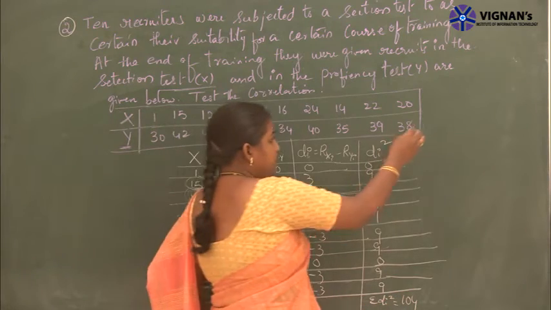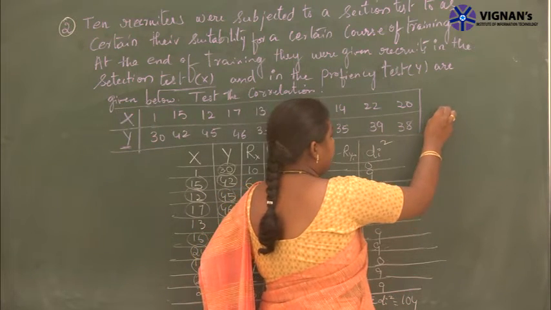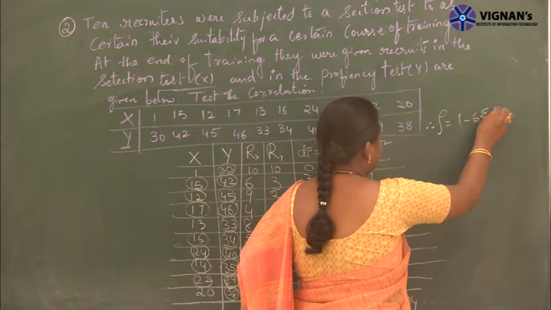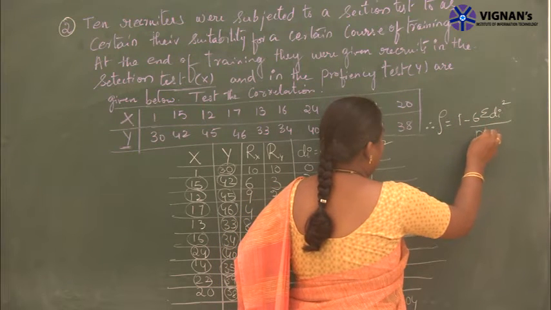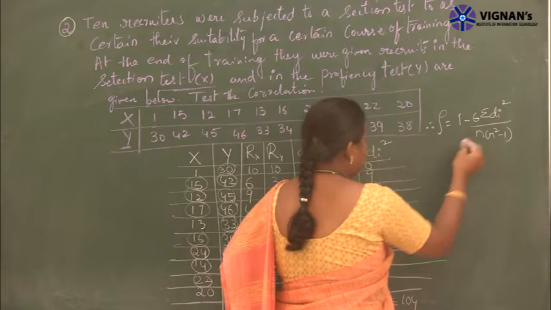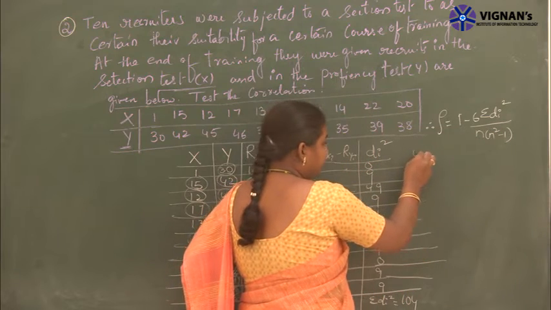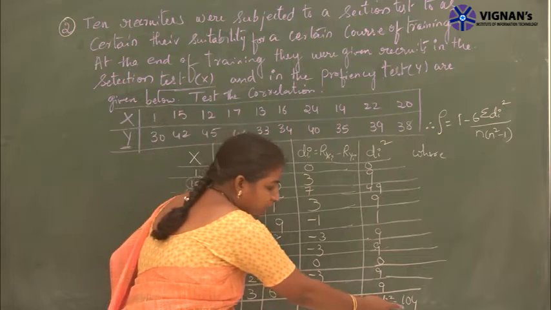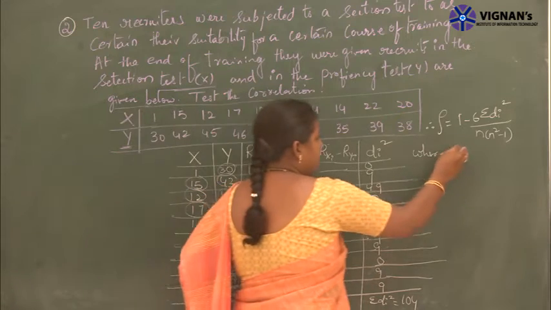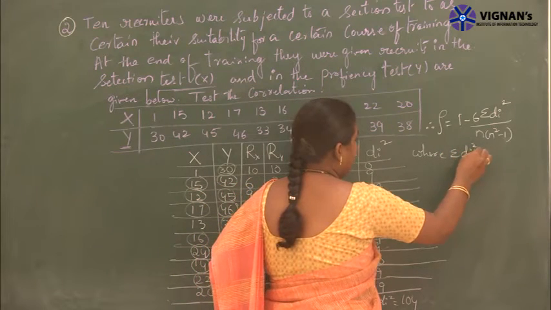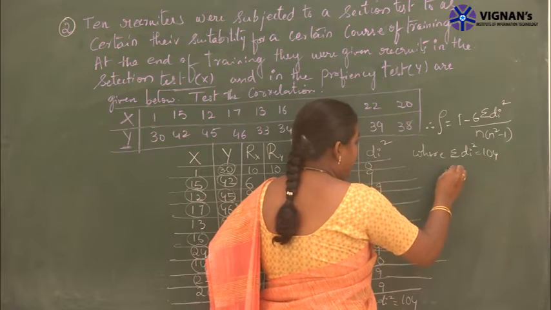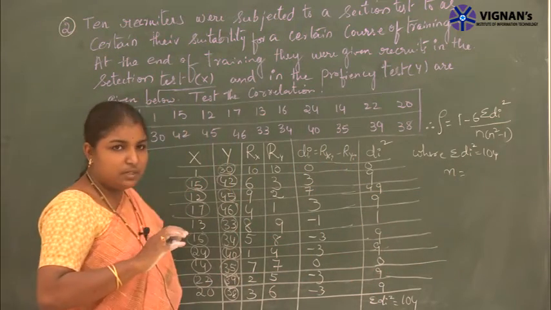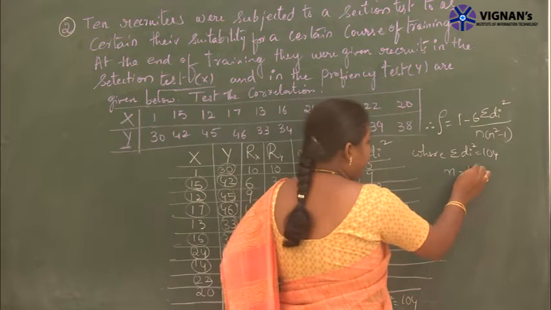We know that the Spearman's rank correlation coefficient is rho equal to 1 minus 6 into summation di square by n into n square minus 1. We already found summation di square equal to 104, and the number of observations given is 10 recruits, so n is equal to 10.